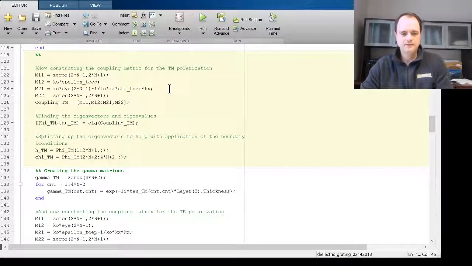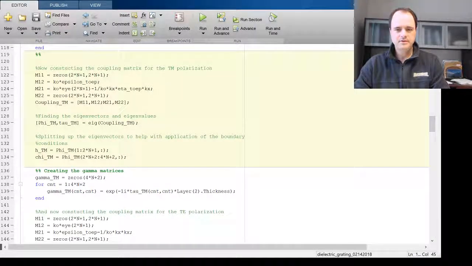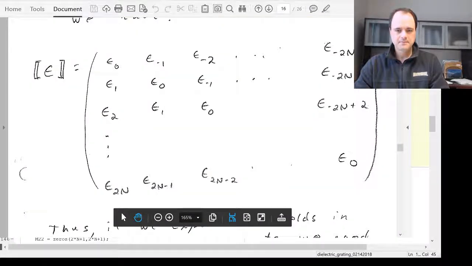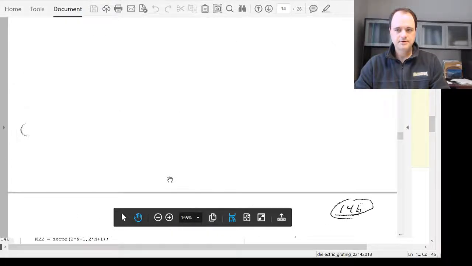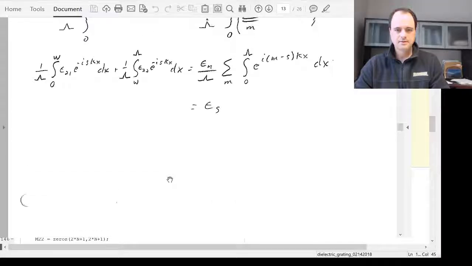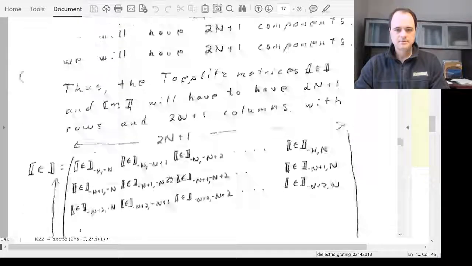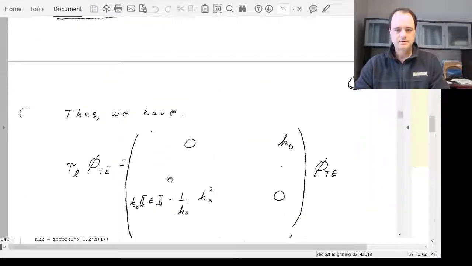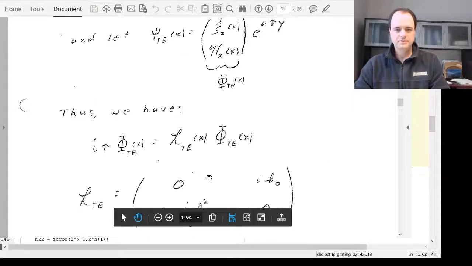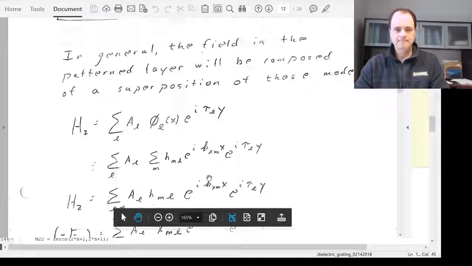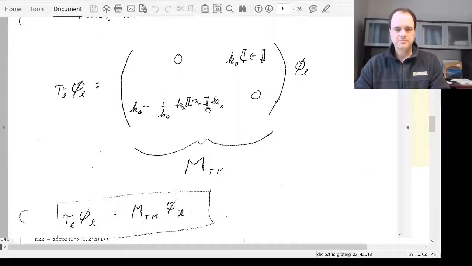And now I'm going to be solving for these coupling matrices. All right, so you'll see that that's what I'm doing now.